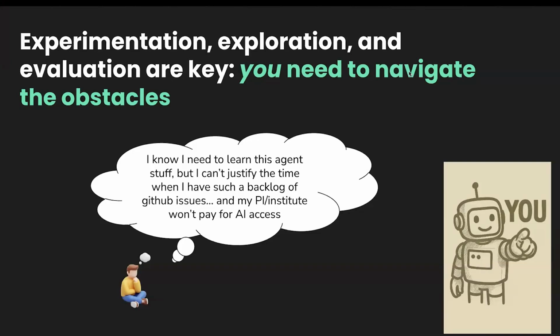And if this involves going to your PI or your line manager or your boss or your institute and saying, look, this is really important, both for my own career development and for the future development of this ontology or knowledge base, that we get this AI access and are able to spend the time on the training and the learning. And you can blame me if you like.